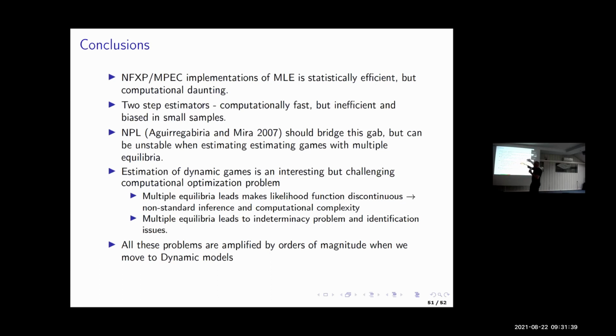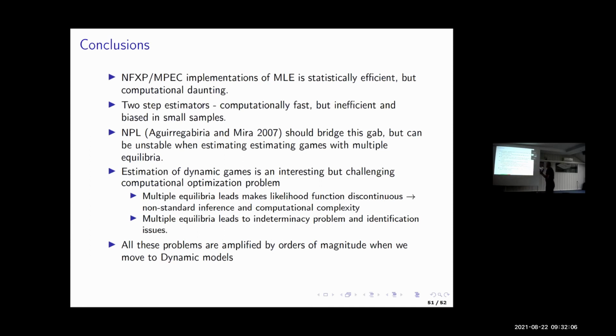The two-step estimators are computationally fast because there's no such requirement. You just go out and estimate the CCPs, you throw them into your best response function, and you have your objective function, whether it's least squares or a pseudo likelihood. But there may be bias in small samples if you don't accurately estimate those CCPs.